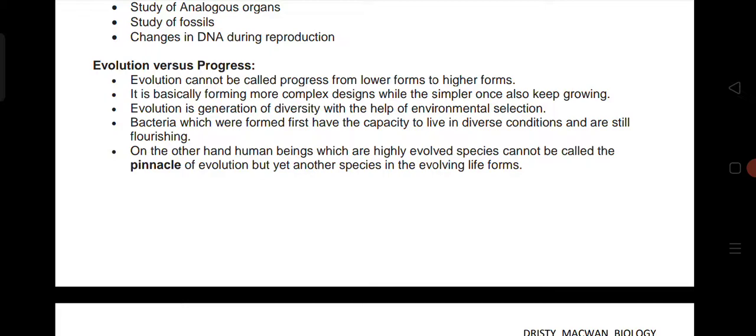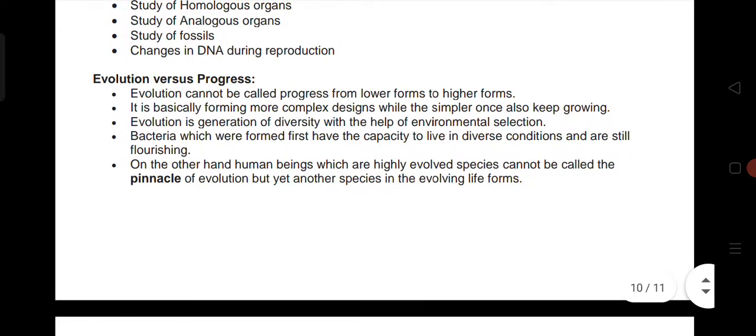Whatever complex designs are formed, or whatever changes are carried out in the primitive organisms, and whatever new organisms are formed, the new organisms are going to lead to different species, and the old ones are also going to keep growing, right?